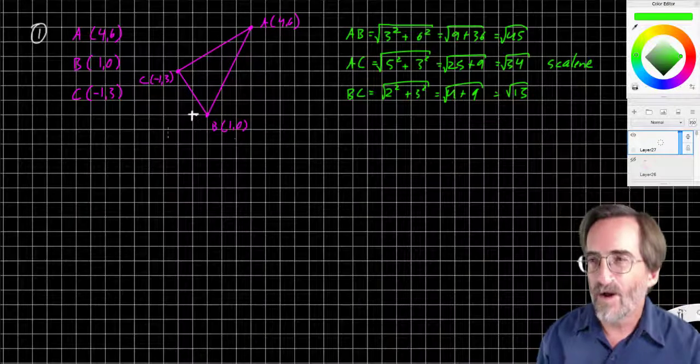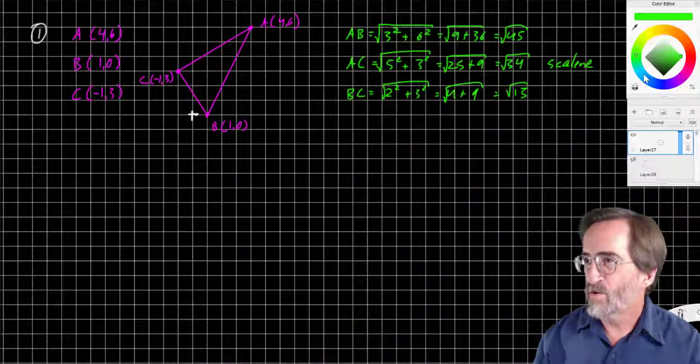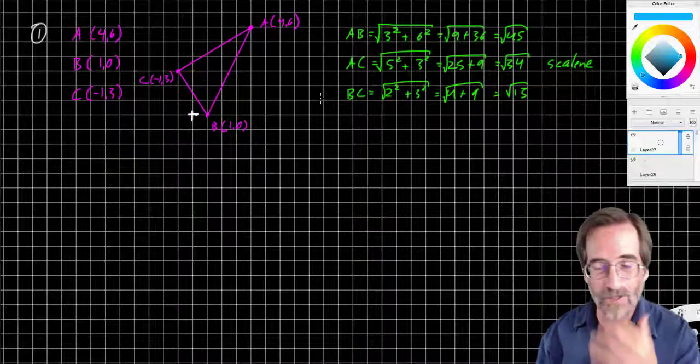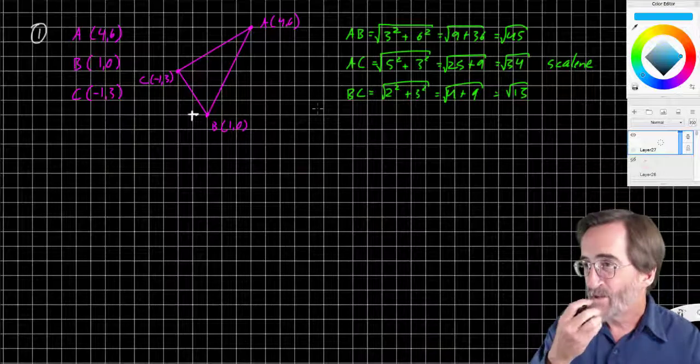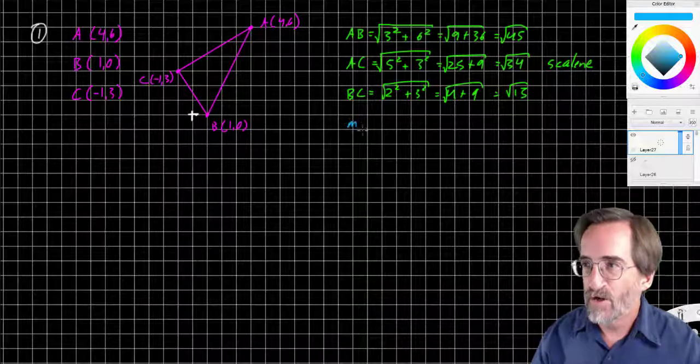Okay. Now what about the claim that it might be a right triangle? For the right triangle, we're going to use slope. We use distance for whether it's scalene or isosceles or equilateral. To analyze angles, we need slope. So let's find the slope of AC.